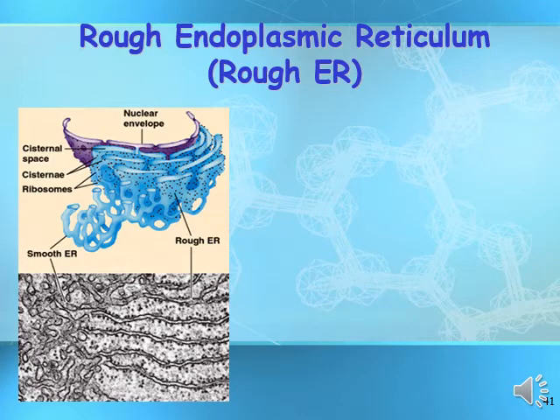Rough endoplasmic reticulum is found attached to the nuclear envelope, and is characterized by numerous ribosomes.